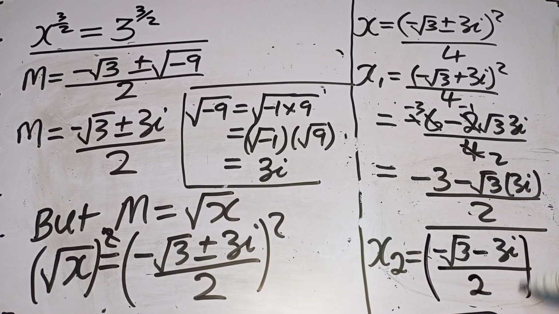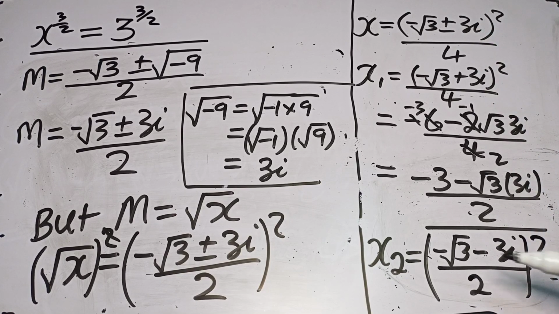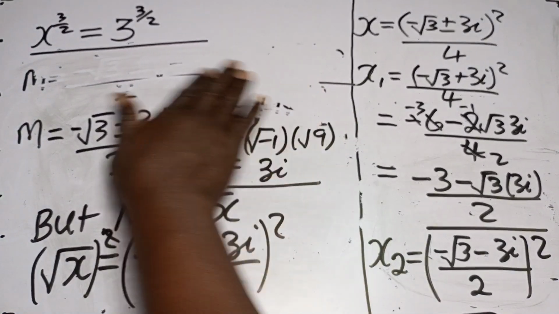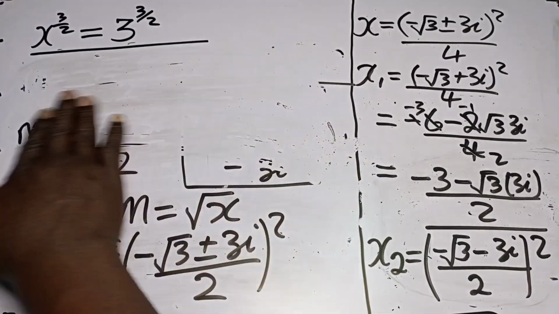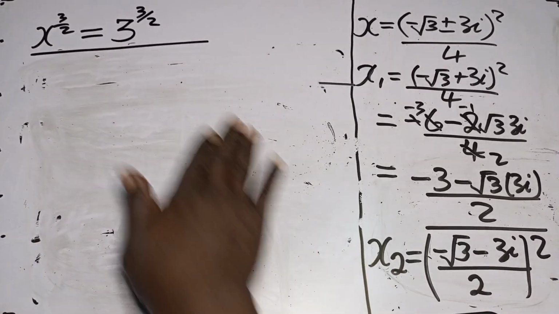So we square this, just like we did here. So x2 is when we square this one now. How do we go on? The process is the same as for x1. The same thing we did for x1, we're going to do it here.